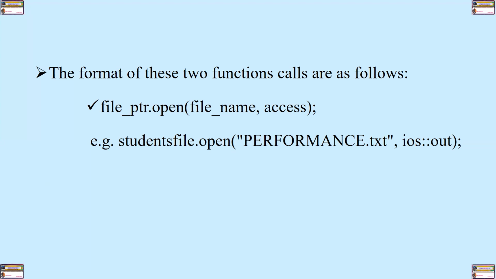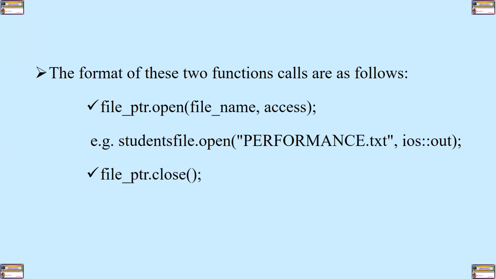If it is a data file, include .dat, etc. Then we have a comma, and then ios, input-output system, then out. Out in this case is the mode in which this file is being opened. We are going to learn about these modes and what each of them means.